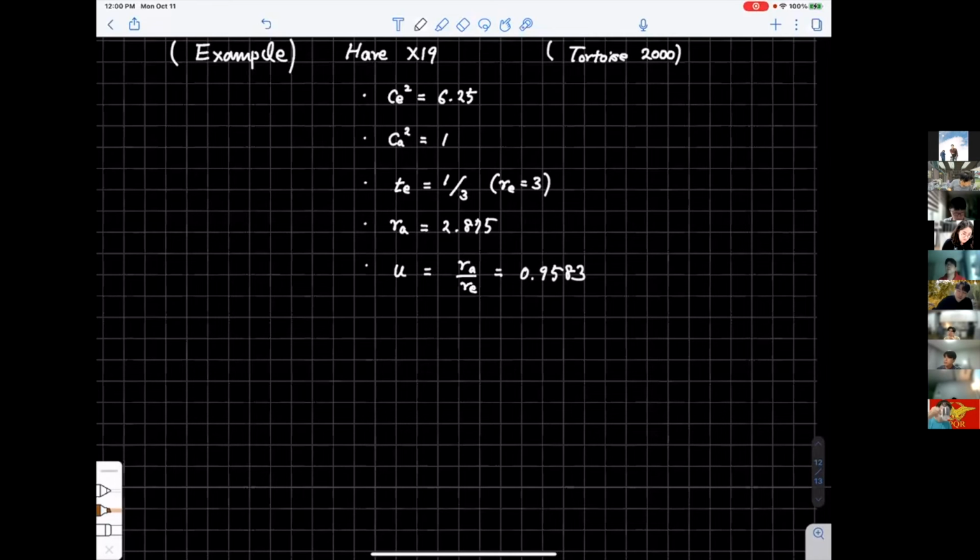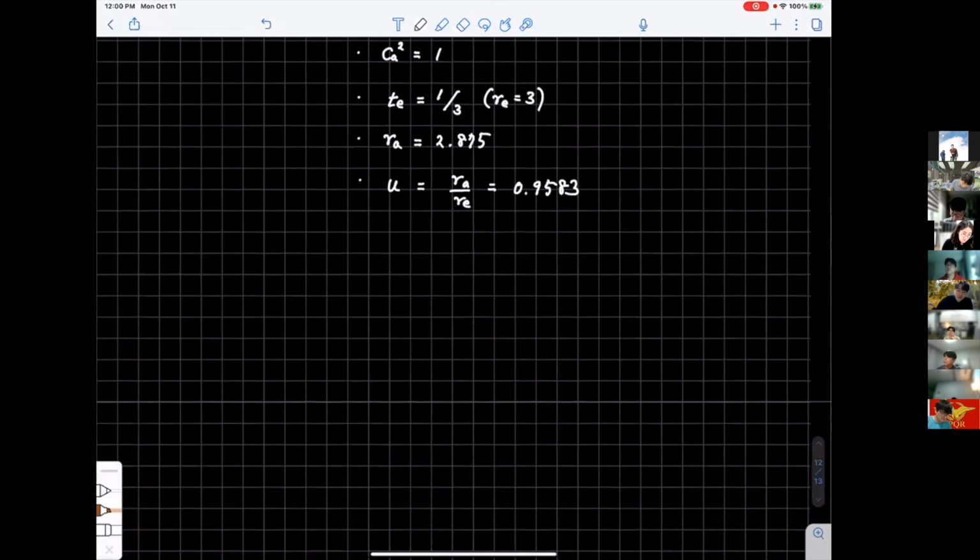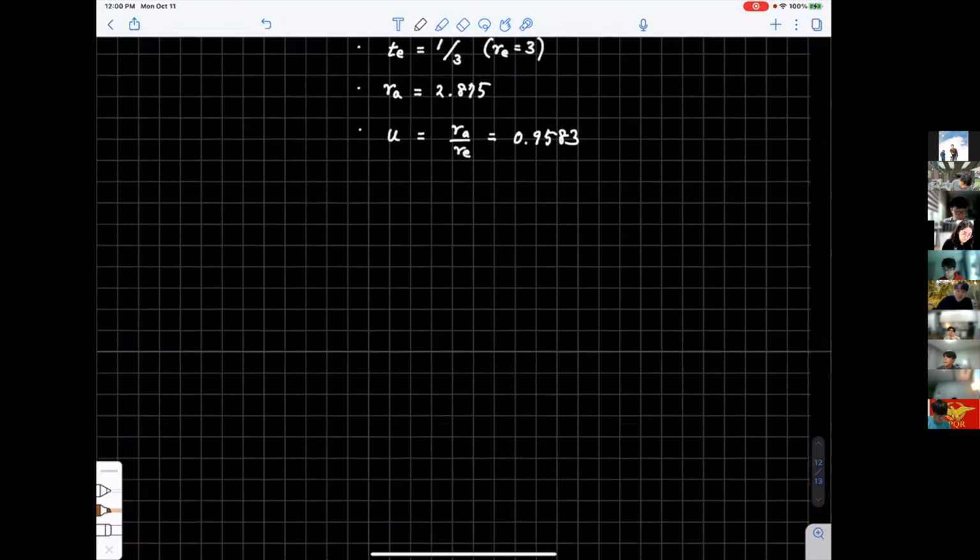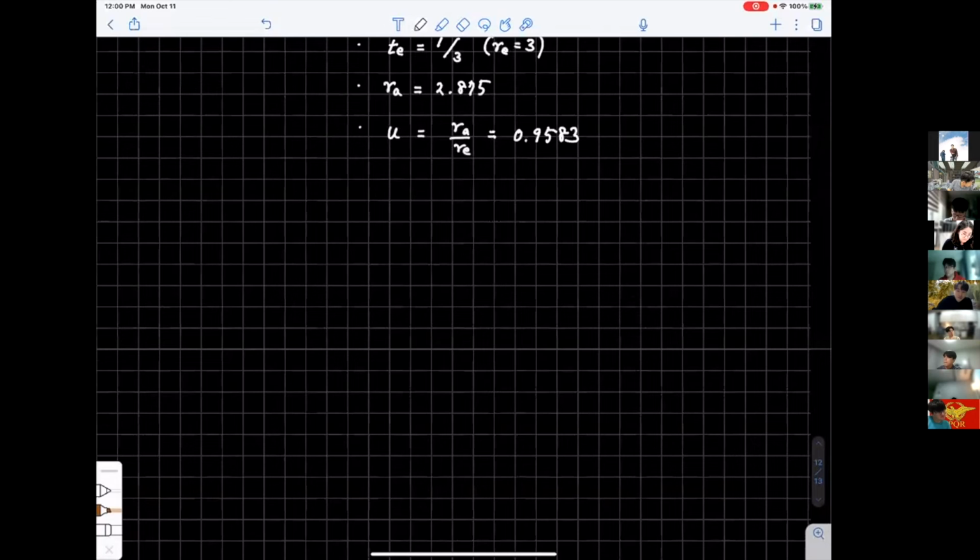So let's see how big an effect it has on the following machine. The following machine is tortoise 2000. Wait a moment, I will draw the model.